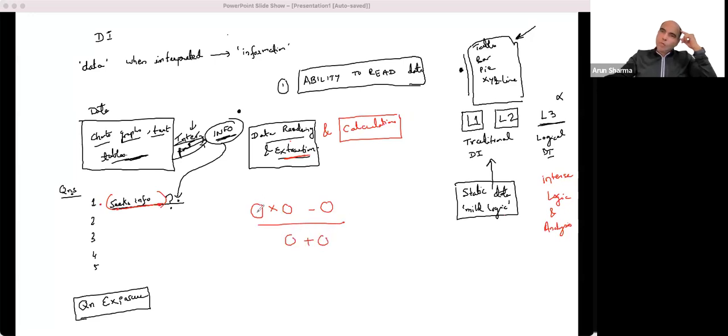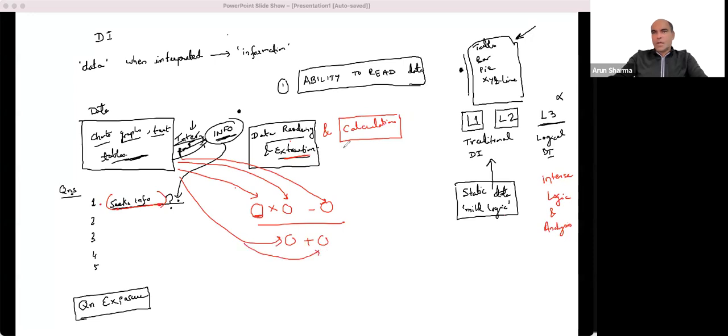So then you have to work out, okay, where is this information? Where is this number going to come from? This number is going to come from the charts and graphs given. You go to the charts and graphs and extract this number, extract these two numbers. And then you calculate. So this is what a traditional DI question is all about.